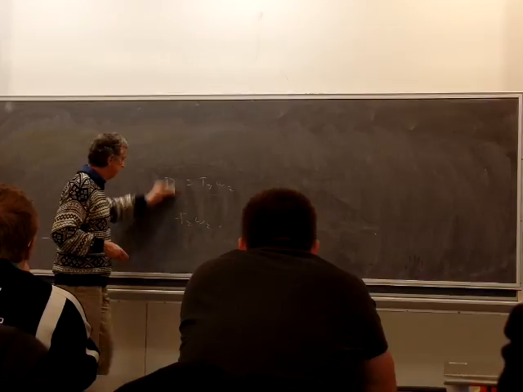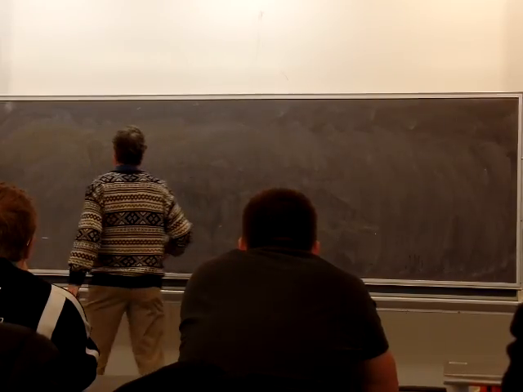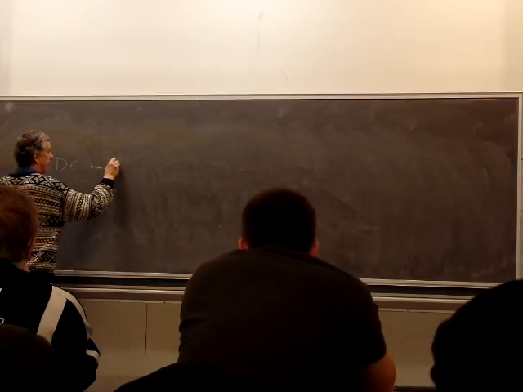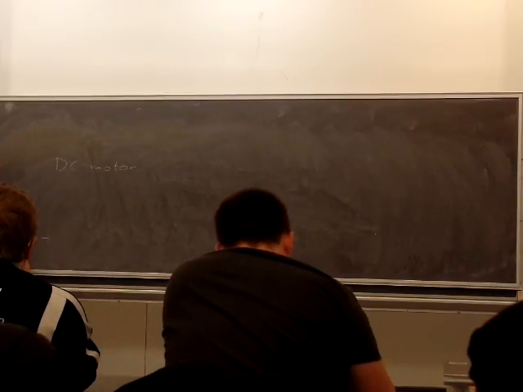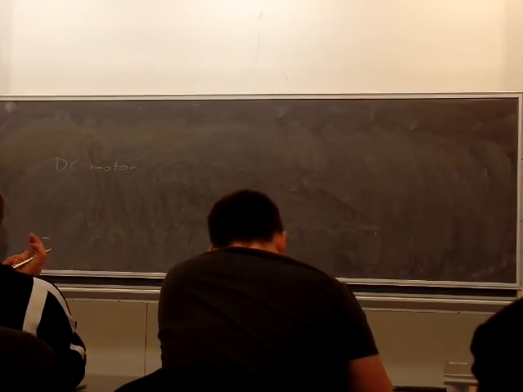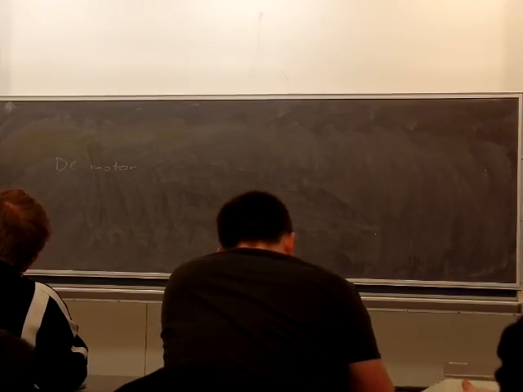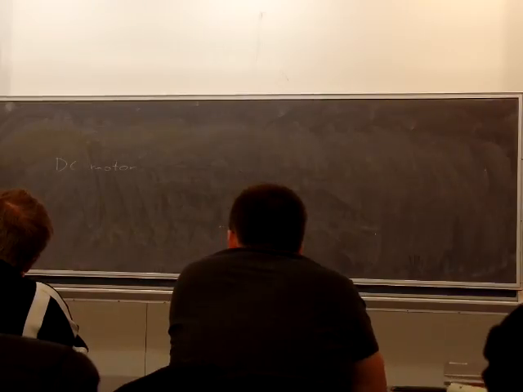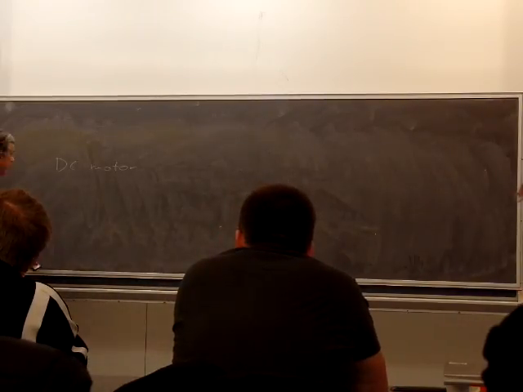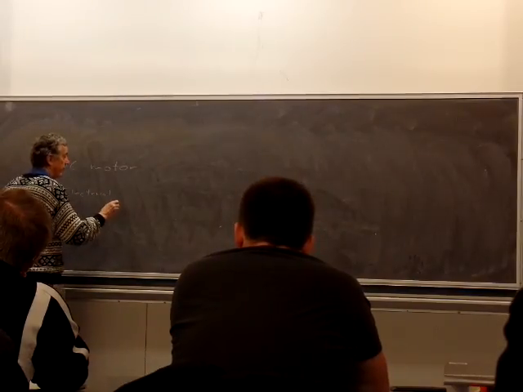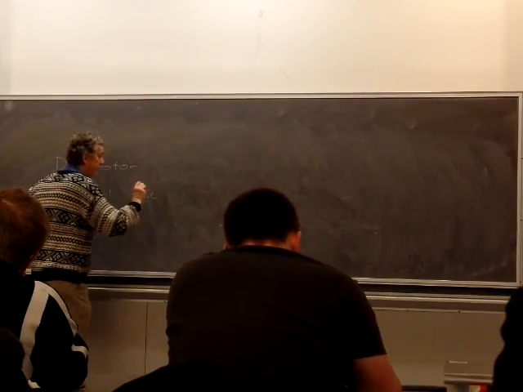Look at an electric motor. And I'm going to stick with DC because they're a little bit simpler. Brush DC motors, permanent magnet DC motors, you have the same straight line relationship. On the electrical side, we have voltage and current.